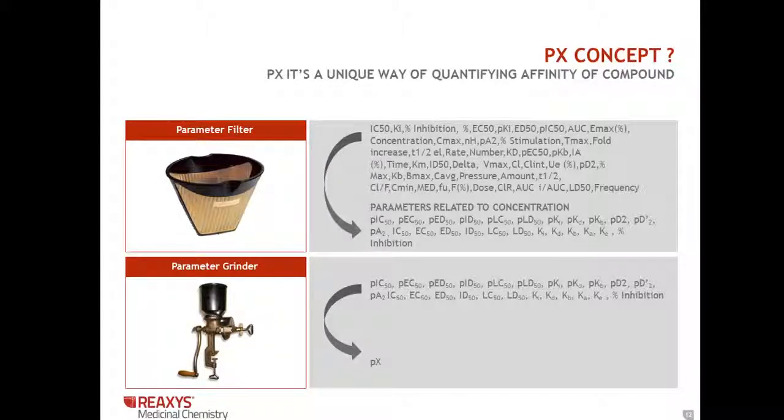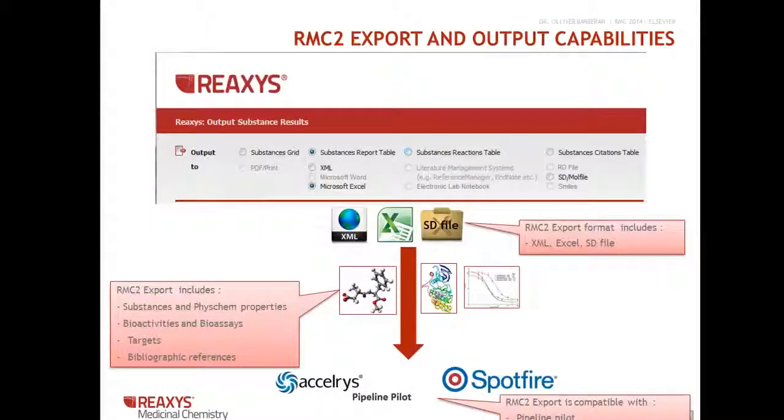And the pX values ensure that end users retrieve all of the affinity data that they're searching for without the need to be an expert on all parameters and units used in publications. And finally, the pX values facilitate analysis using third-party tools. After obtaining the data that you need, you can export it in a variety of formats for use with other applications such as Spotfire and Accelrys Pipeline Pilot.